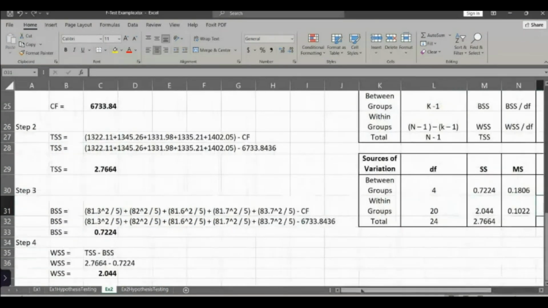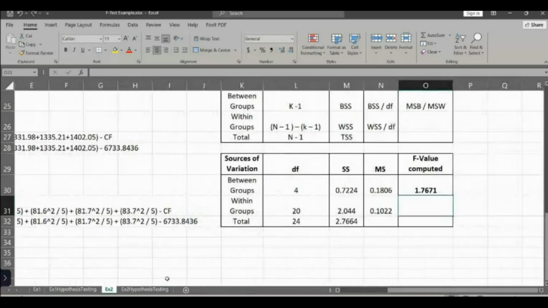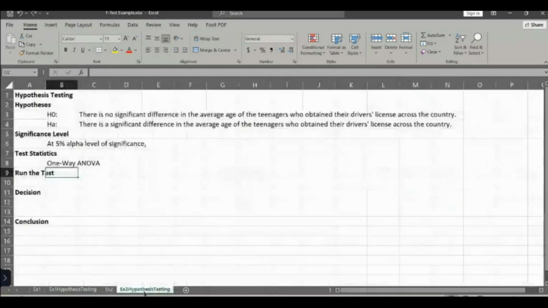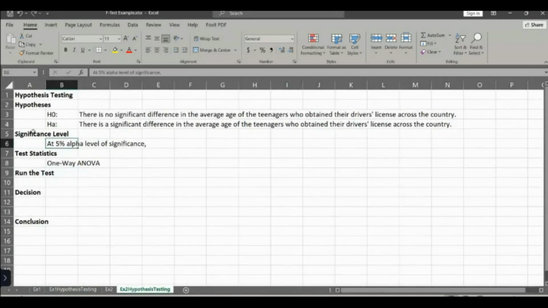We already have the table. We can now supply for the other values in our hypothesis testing. So again, going back to the level of significance, 5% alpha level, and the degree of freedom between groups, we have 4, diba? We have 4. And then degree of freedom within groups, we have 20.